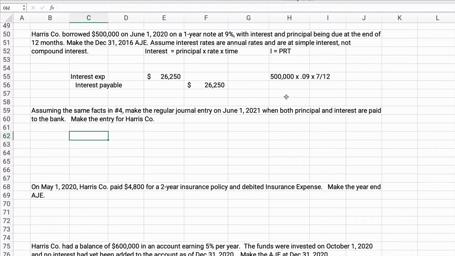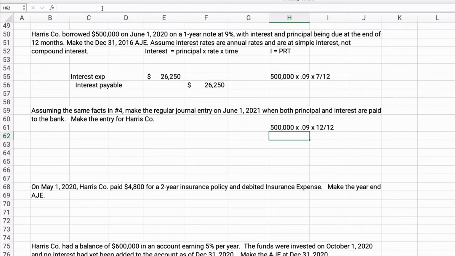Now, what is the total interest that's going to be earned? The total interest that's going to be earned is going to be 500,000 times 9%. And if you want to do it, this doesn't make any sense, but you could do times 12 over 12, which reduces to 1, right, which is not important.